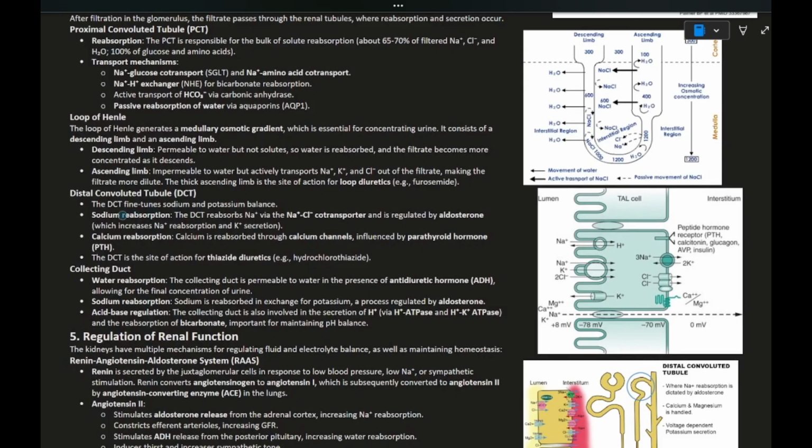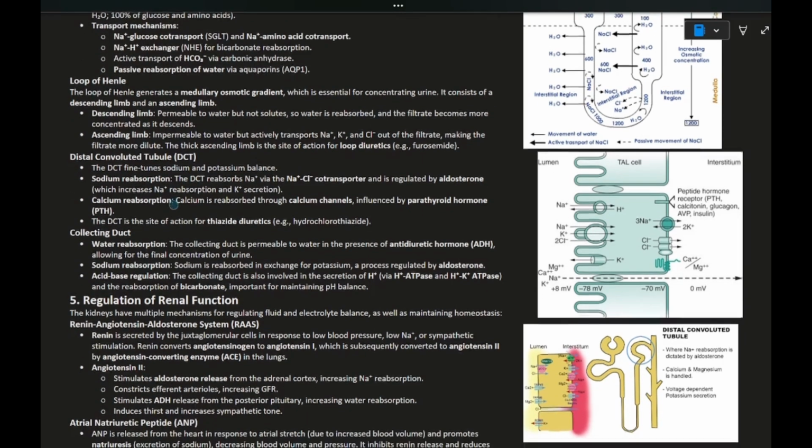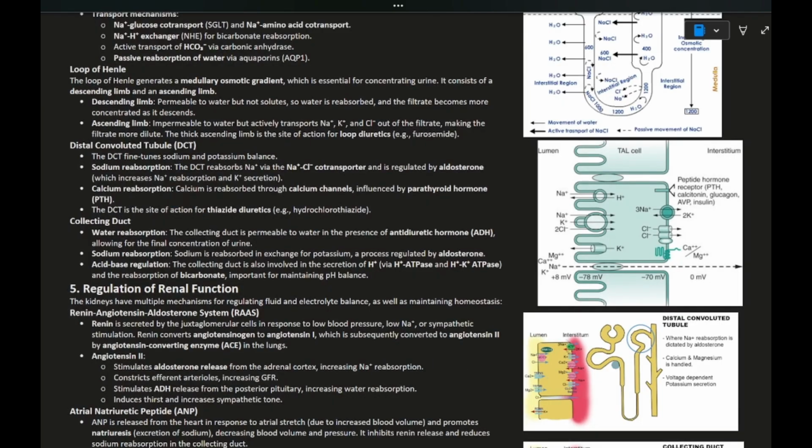Okay, now we have the distal convoluted tubule, which comes after the thick ascending limb. So right about here, this is where the distal convoluted tubule would be present. The distal convoluted tubule is responsible for fine-tuning sodium and potassium balance.